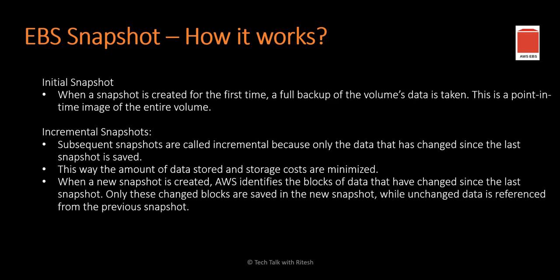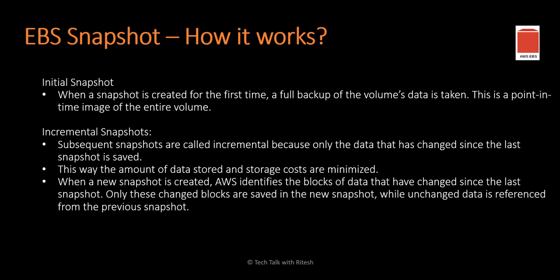This way the amount of data stored and storage costs are minimized, of course, because we are not taking the snapshot of the whole data but of the changed data only. That's why we are saving the storage as well as the storage cost.